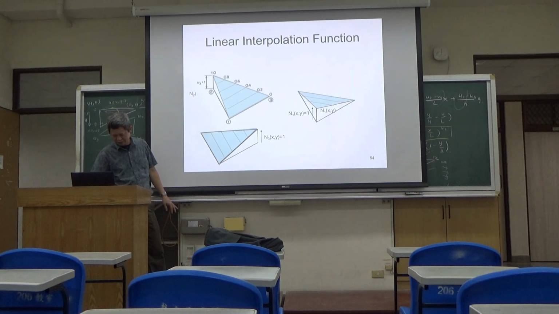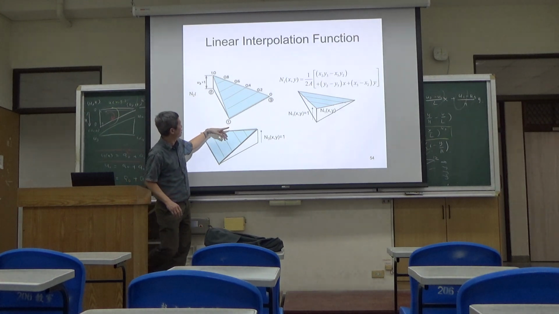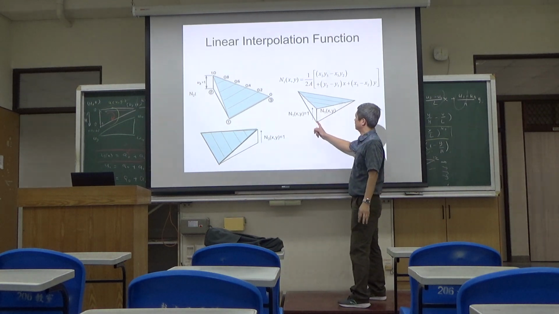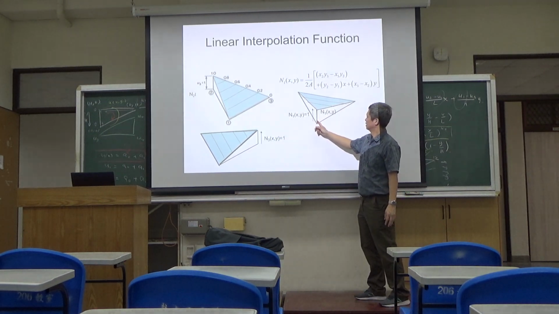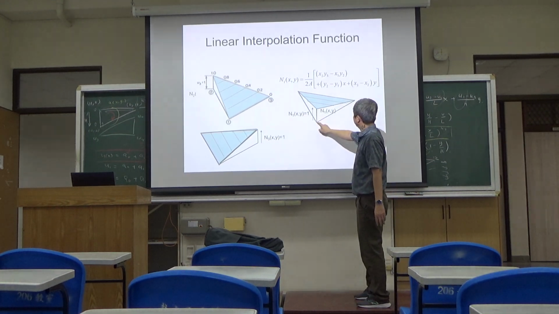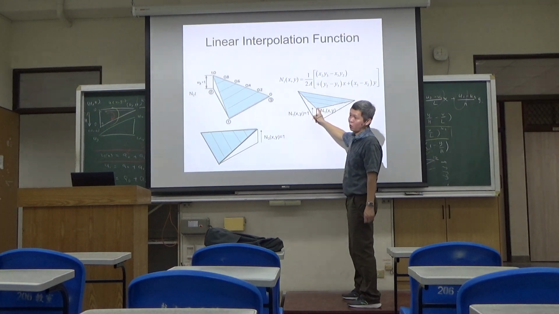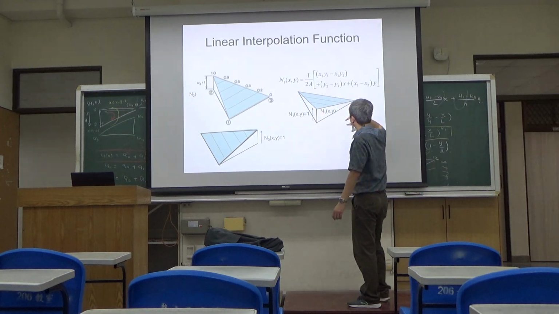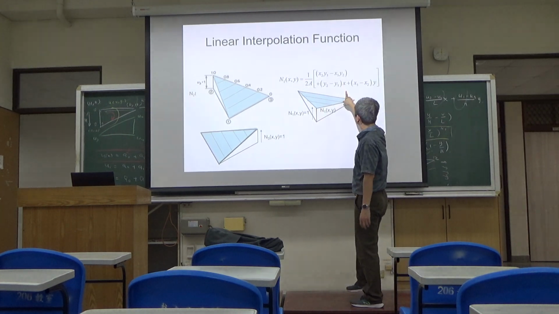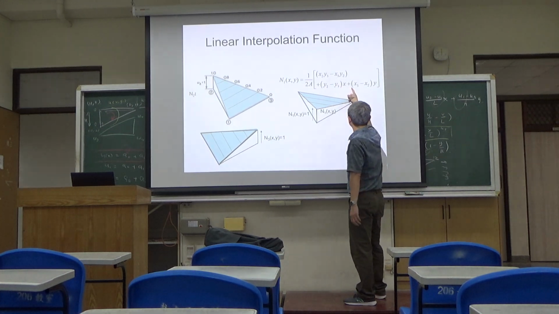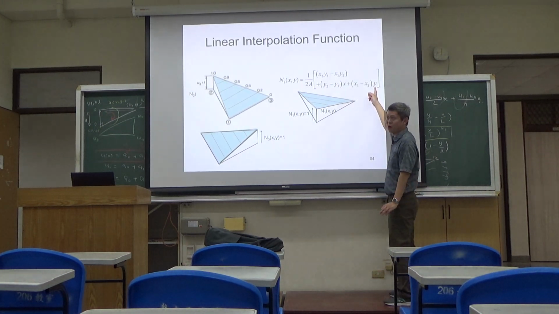What is n1? N1 is the shape function when you are standing at node 1, so you can see that at that point it must be equal to 1. What you have there is a constant plus a linear function of x plus a linear function of y.